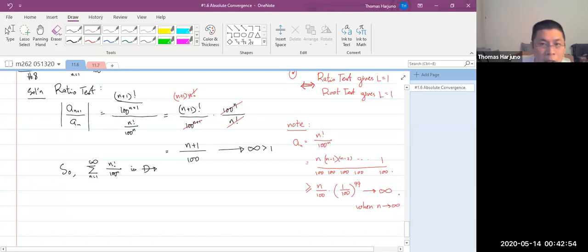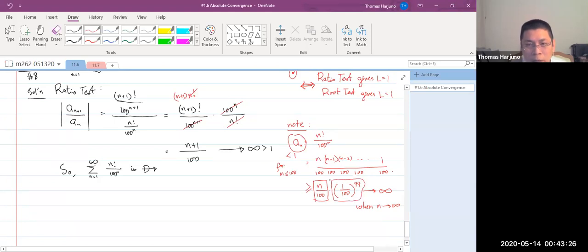When n is anywhere between 1 to 100, this a sub n is less than 1, for n less than or equal to 100. But starting from 100, 101, 102, 103, this part here will be greater than 1, and this becomes a fixed constant.